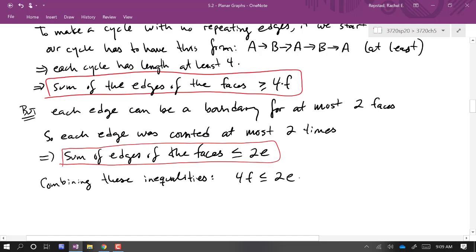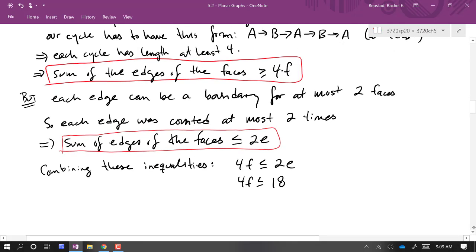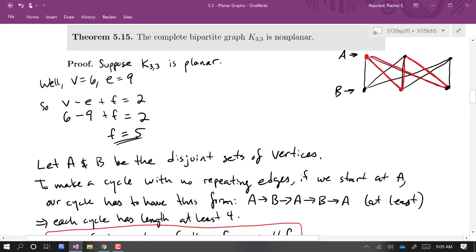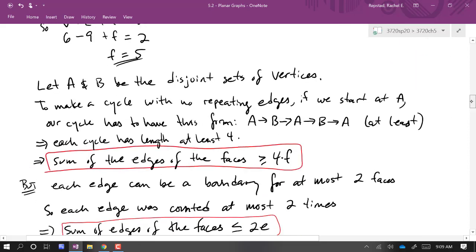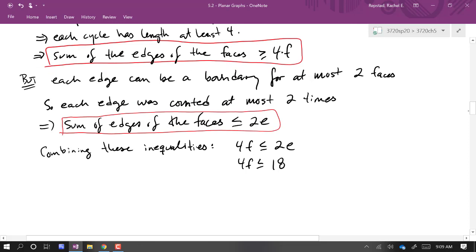Now we know the number of edges. The number of edges is 9, so that means 4f is less than or equal to 18. And now we've reached our contradiction because up here we said if it's planar, Euler's formula tells us that there must be 5 faces. But in this inequality, f cannot possibly be 5.